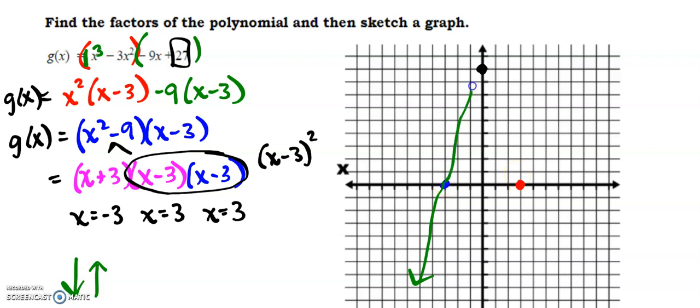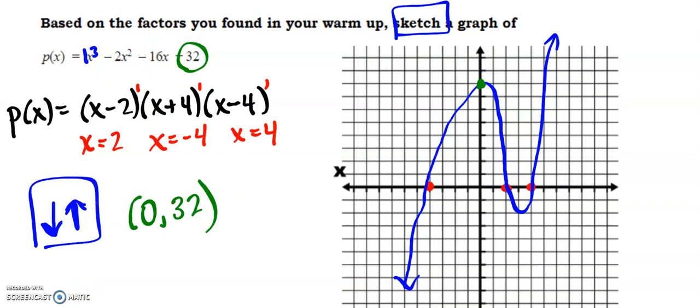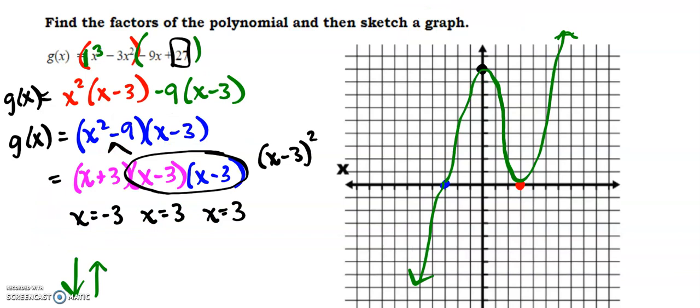So I'm going to have a turn here, and then I'm supposed to touch and bounce and continue on. Something to note, my turn doesn't have to perfectly be at my y-intercept. That might have been a little misleading. This turn maybe happened here and then came back through. But again, we're not worried about that. We just want a sketch, okay?